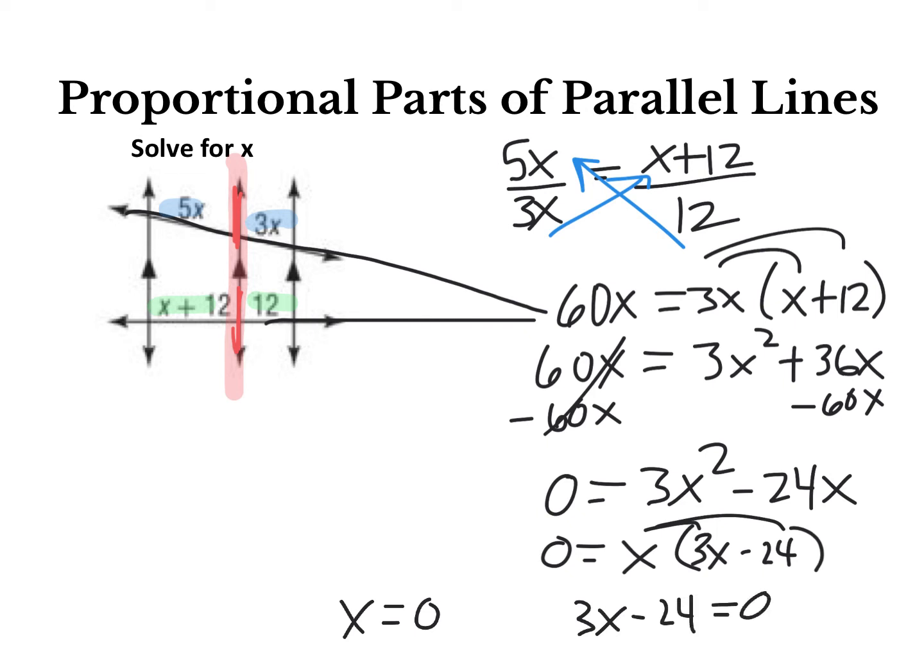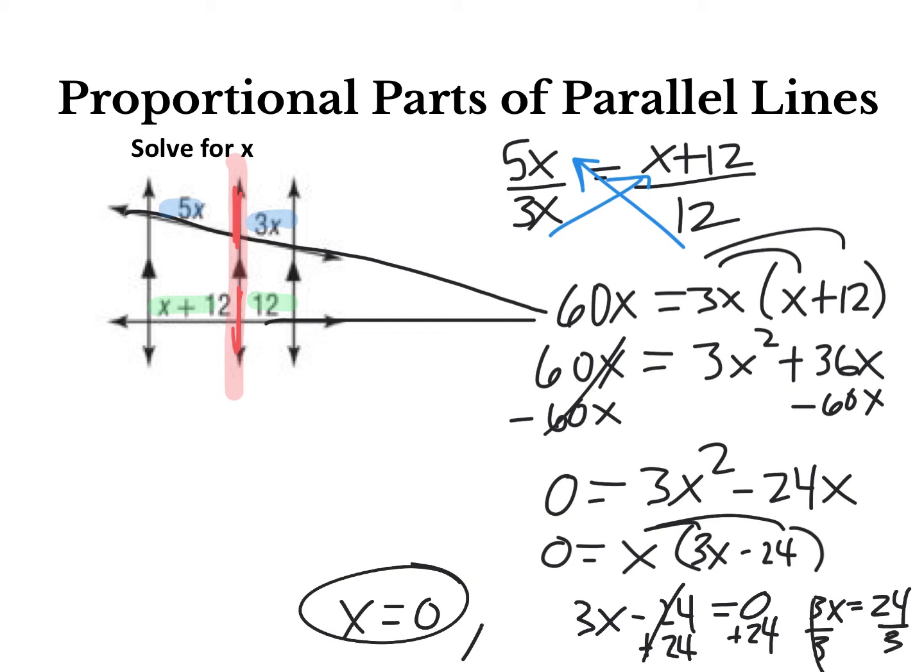If you move the 24 over, you have 3x equals 24. Divide both sides by 3. x equals 8. So this one results in two possible answers, x equals 0 and x equals 8.